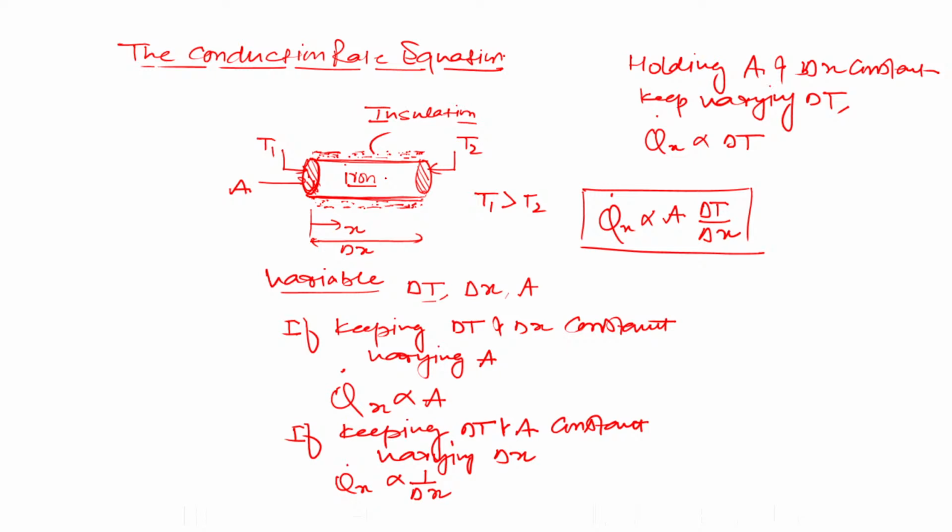So in order to account for the effect of the material, the effect of the medium on the rate of heat transfer, we should introduce a proportionality constant. We have introduced a constant called K. That K is called thermal conductivity, which accounts for the effect of the material, the ability of the material to conduct heat. Clear to you?